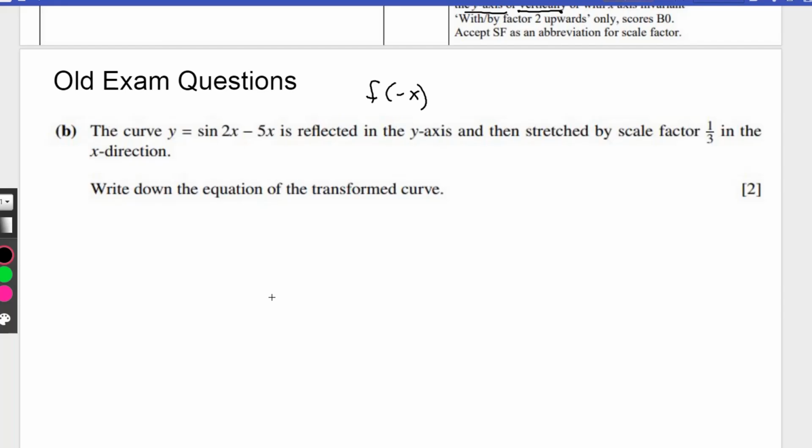That's a horizontal stretch. In the x direction is horizontal. The x-axis goes horizontal. So that means that we're going to, well, you tell me. Pause this, and then you tell me what it's going to be.